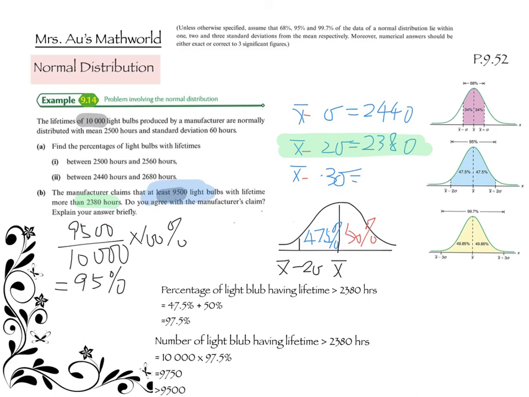Remember, many of you do not have the habit of a one-line conclusion in your homework. At last you must say, yes, I agree. This sentence will cost 1 mark. Remember to write it.